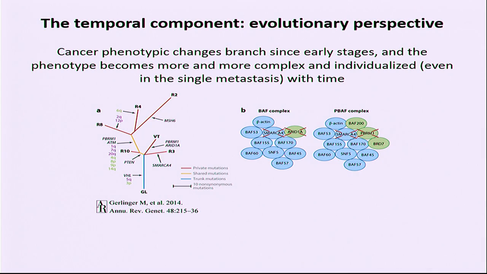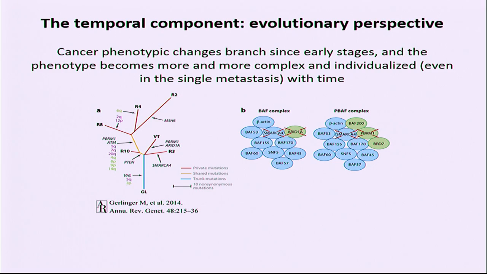That is, it doesn't take time into account. So there is also a temporal component, which is very well expressed by the evolutionary interpretation of cancer. Cancer is now interpreted as a Darwinian process in the single individual. Essentially, cancer phenotypic changes branch since early stages, and the phenotype becomes more and more complex and even individualized.